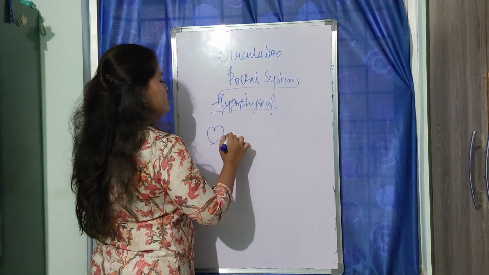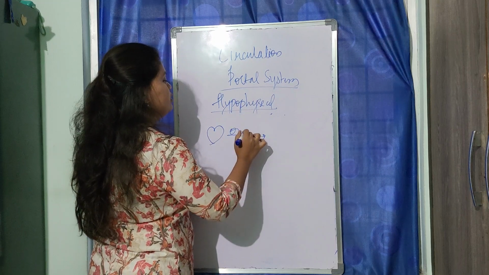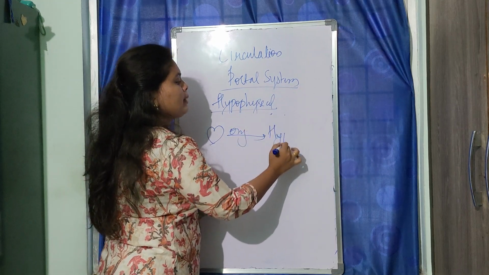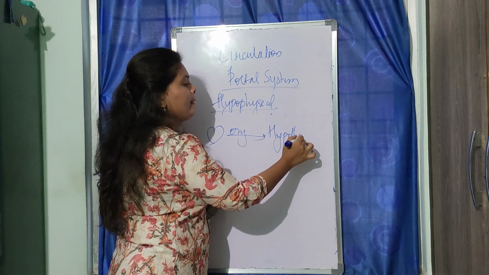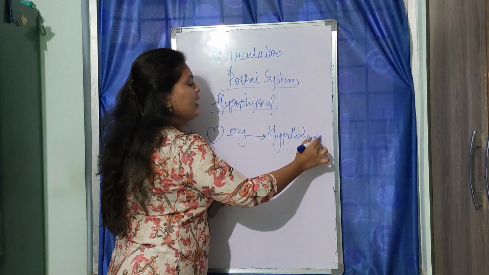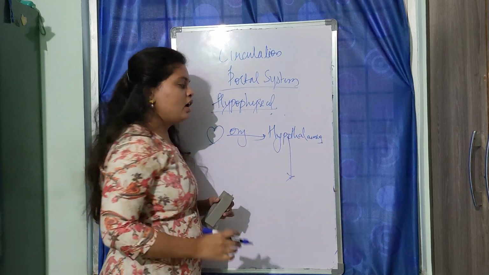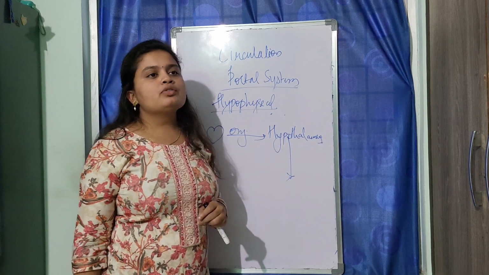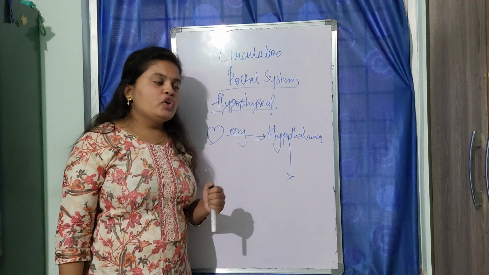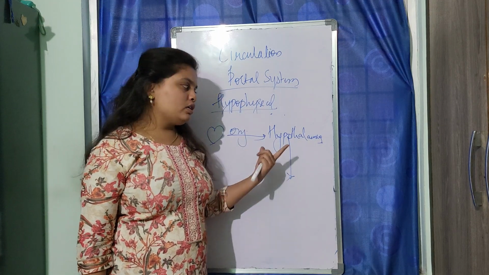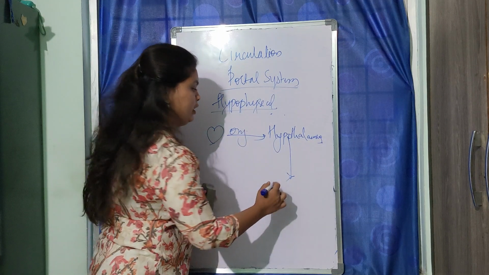So the heart sends the oxygenated blood to the hypothalamus, and the hypothalamus, after receiving this blood, is going to release some chemicals which regulate the activity of the pituitary.